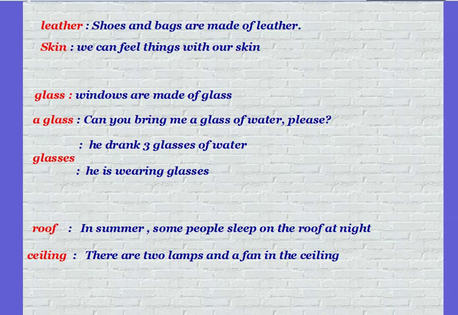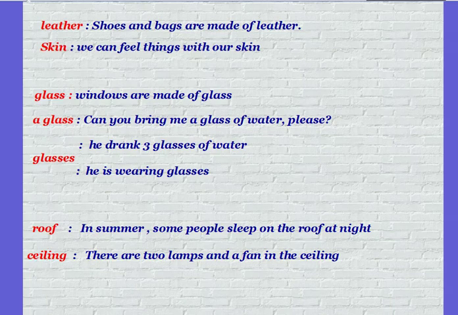And the shoes may be made of leather. But the skin, it's like the skin which we have. We feel things with our skin. I can't say I have leather. Leather is just for animals. But skin can be for animals and for people.